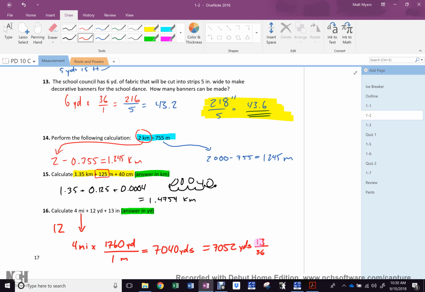Do you think I would be okay with that if you showed me that as your answer? Take a guess. You've known me for 4 days. Sure I would. That shows me you understand measurement, right? And let's be honest. If I'm 1 inch off in a calculation that is 4 miles long, is that going to make a difference? No.